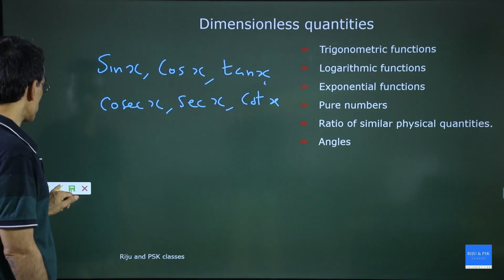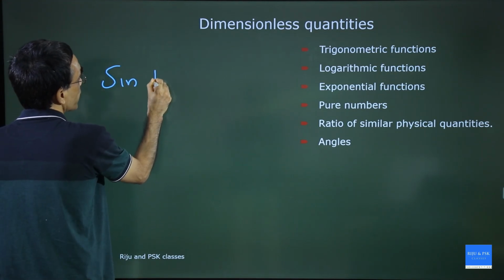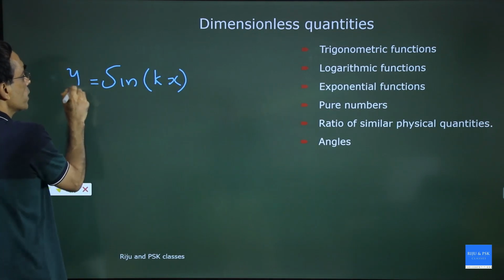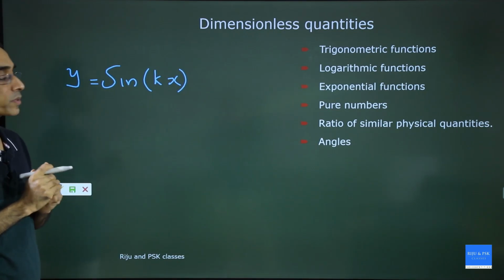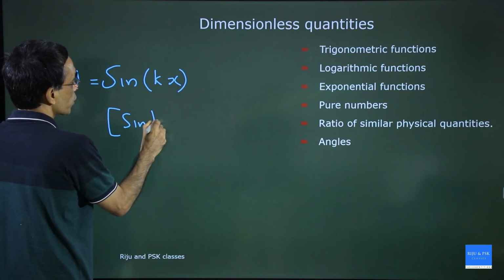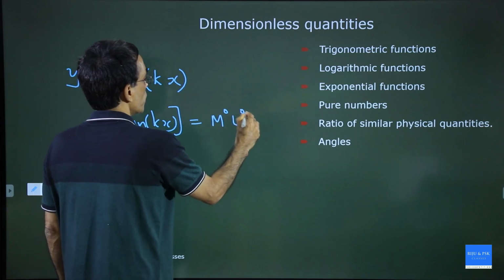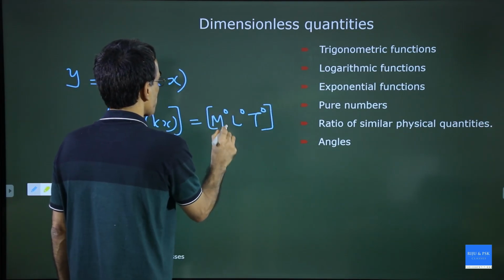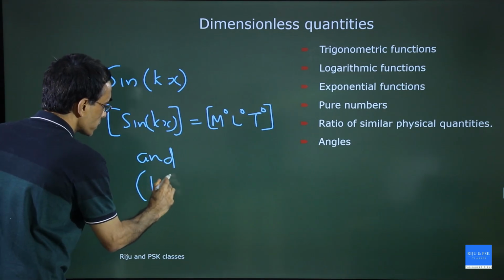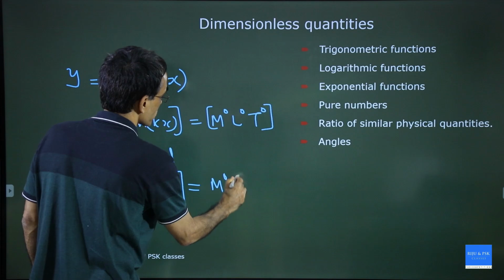Also understand that suppose I give you an equation sin kx, sin of kx. This is an equation that can come in your mathematical problems. Then understand that sin of kx is a trigonometric function, so you should know M0 L0 T0. Also, this kx which comes after sin is again dimensionless.